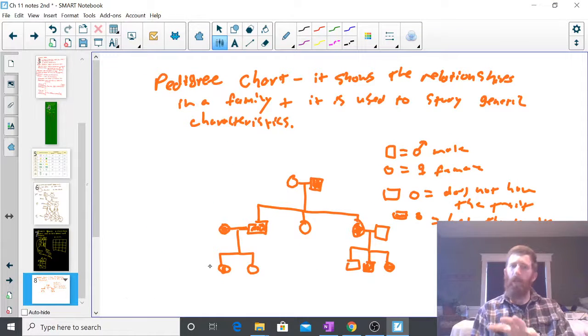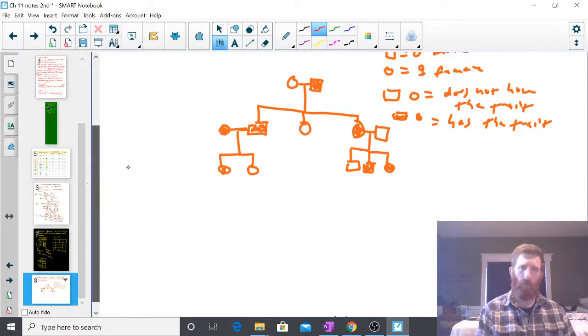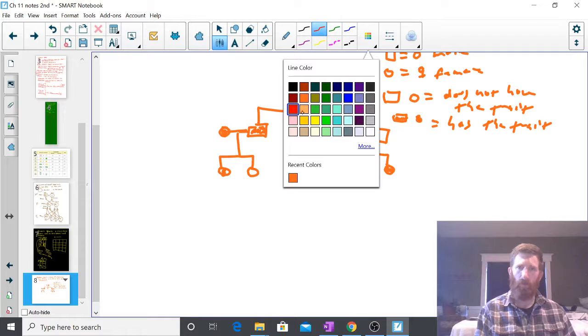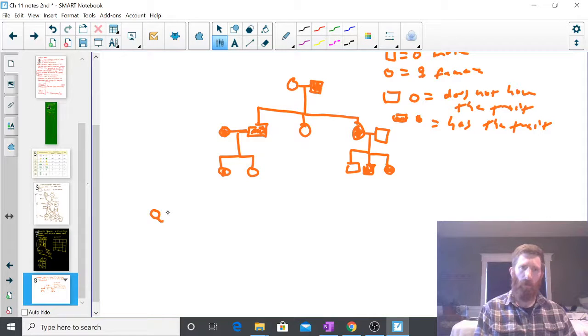So now sometimes we can look at a pedigree and we can determine if the trait is dominant or recessive. So here's our question. We'll go back to using orange because this is the main part. Is this trait dominant or recessive?